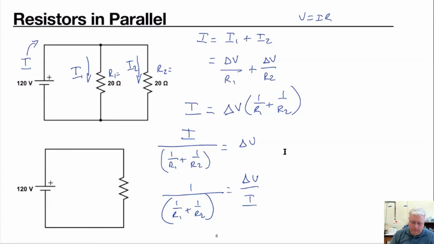When we solve for Ohm's law, R is voltage divided by current. So the equivalent resistance here we see is a little messy.